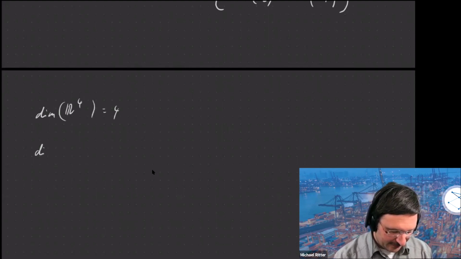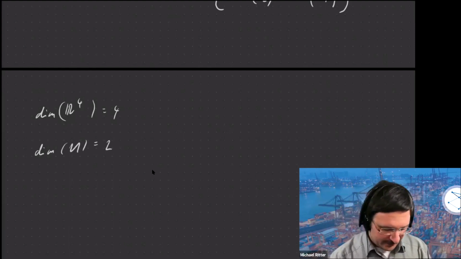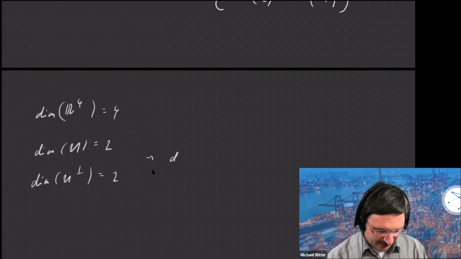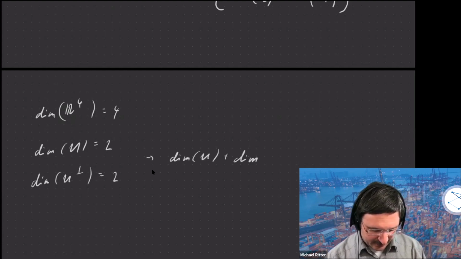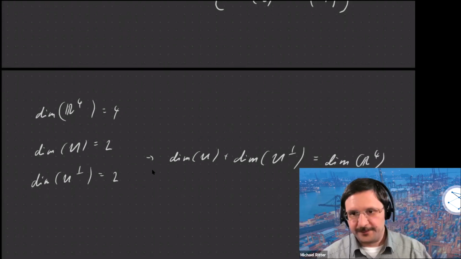And we also have U. U is a 2-dimensional space. So that means U ortho also has to be 2-dimensional. You might remember that we have a formula: the dimension of U and the dimension of the orthogonal space add up to the dimension of the original space. And in this case, that's R4.